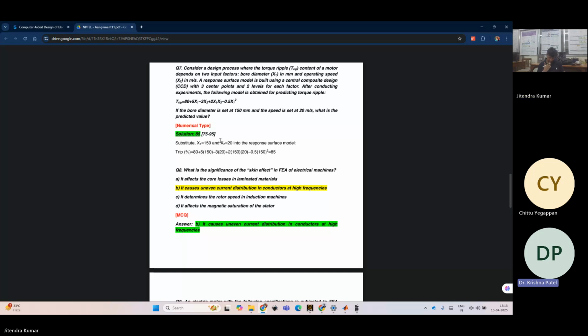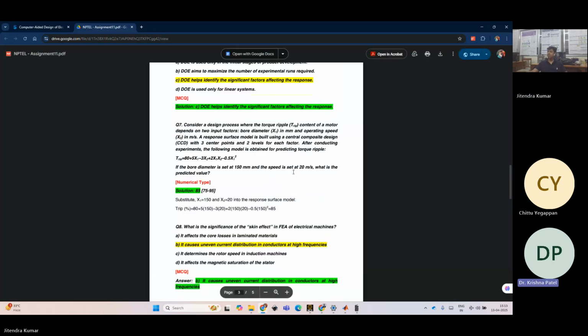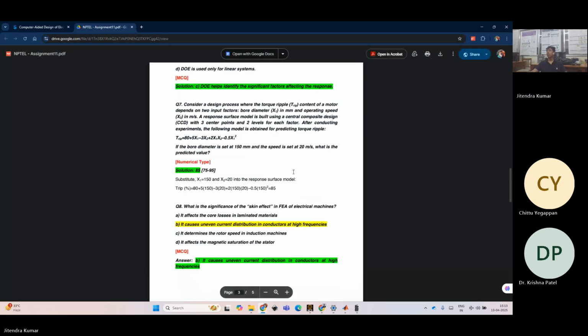Say, for example, here 150 mm is given and the speed is given as 20 meter per second. I have converted this 150 mm to meters and put it as x1, the bore diameter, in meters, and x2 is 20.